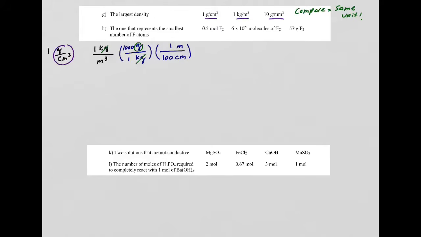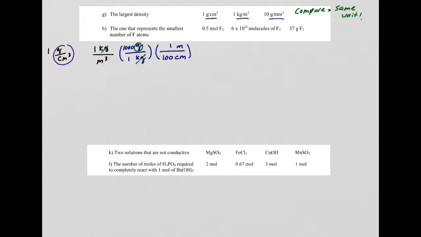I'm trying to cancel out meters cube. Now, can I just put a 3 over here and a 3 over here and then be done with it? No, don't get fancy on me. You cannot do that, because 1 meter is 100 centimeters. That's the relationship, meters to centimeters. Not cube, not squared. That relationship would not work if I have squared or cube.